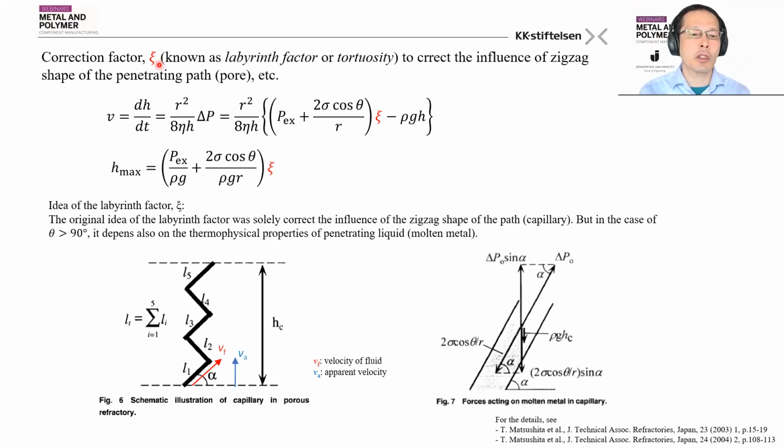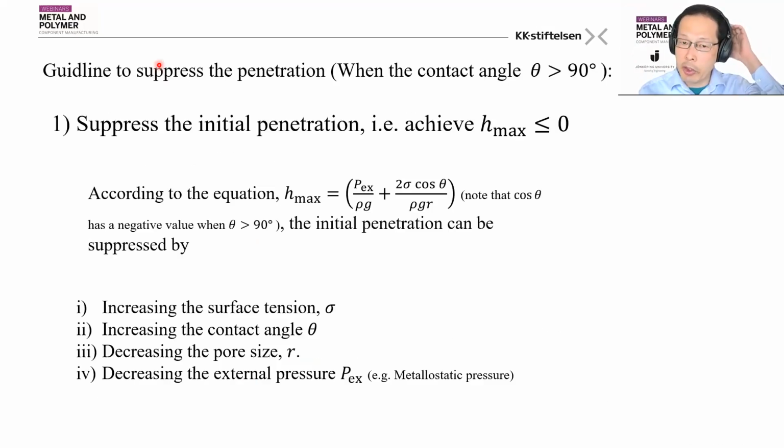So this is a basic equation, but from these equations we can actually derive some useful information. For example, if we consider the surface defects, we want to suppress the initial penetration. So we want to achieve H max less than 0, so there is no penetration. According to the equation, the maximum penetration height is described with this.